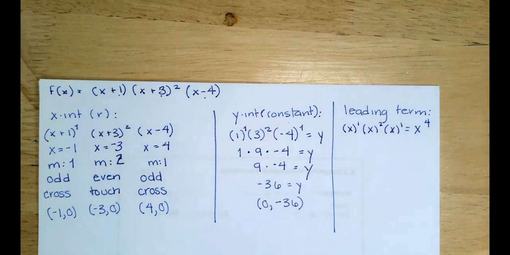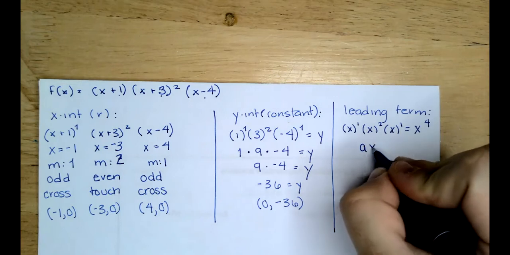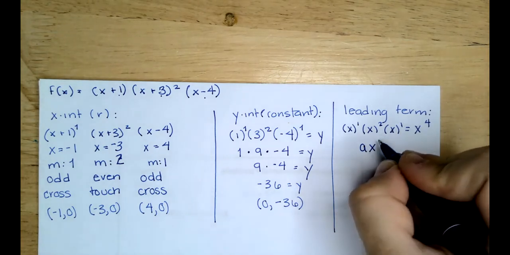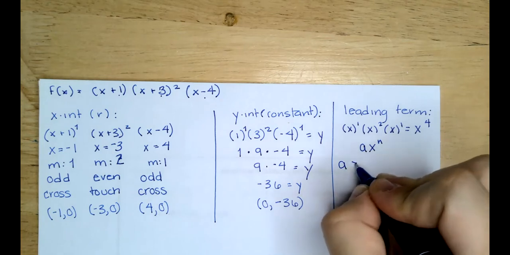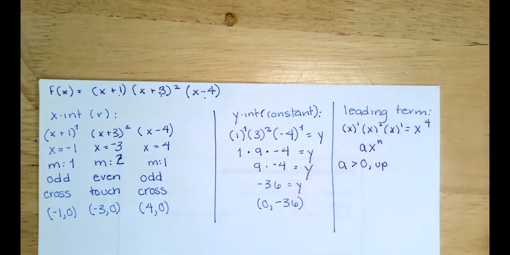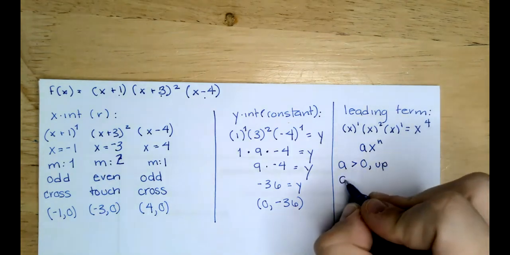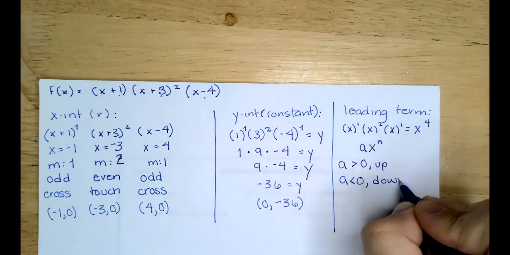So my end behavior, I'm looking at a, x, n, right? If a is greater than 0, it goes up to the right, okay? If a is less than 0, it goes down to the right.